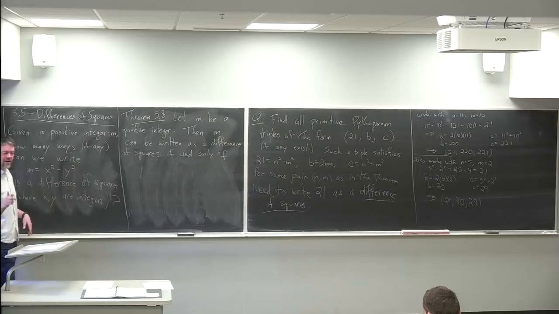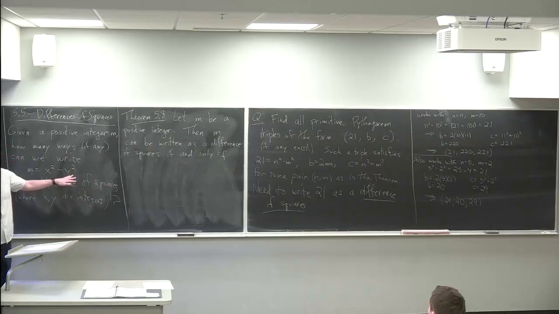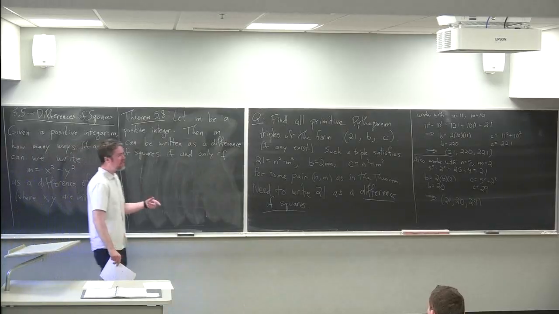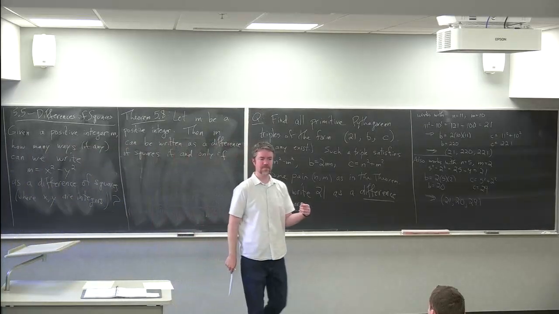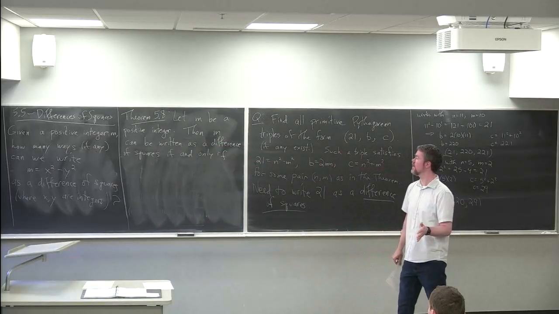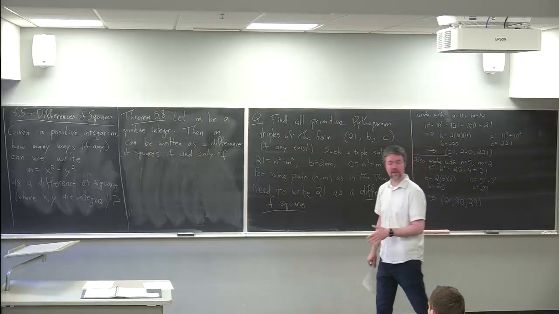But what cannot happen in any possible way is you can never get a result that's 2 more than a multiple of 4, if you are only allowed to work with something that's either a multiple of 4 or 1 more than a multiple of 4, and you subtract. That's the only case that's impossible. So anything that is even but not a multiple of 4 is the bad ones. Odd numbers are all going to be okay, and anything that's a multiple of 4 is going to be okay.